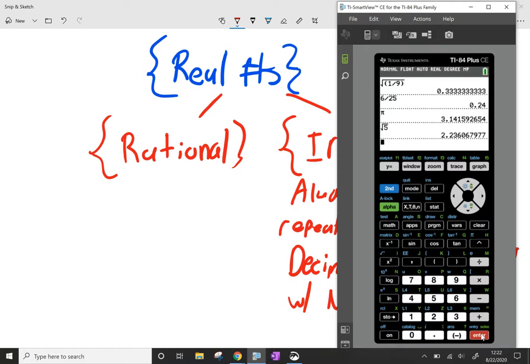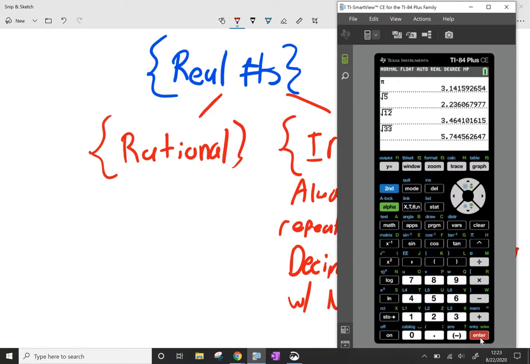So square root of 5 is an irrational number, right? So if I do it again, let's do square root of 12. Right? Again, I'm going to get a decimal that goes on forever with no pattern, right? So a lot of times these are all irrational numbers. The square root of 5 is irrational because its decimal will go forever. Square root of 12, irrational. Square root of 33, right?